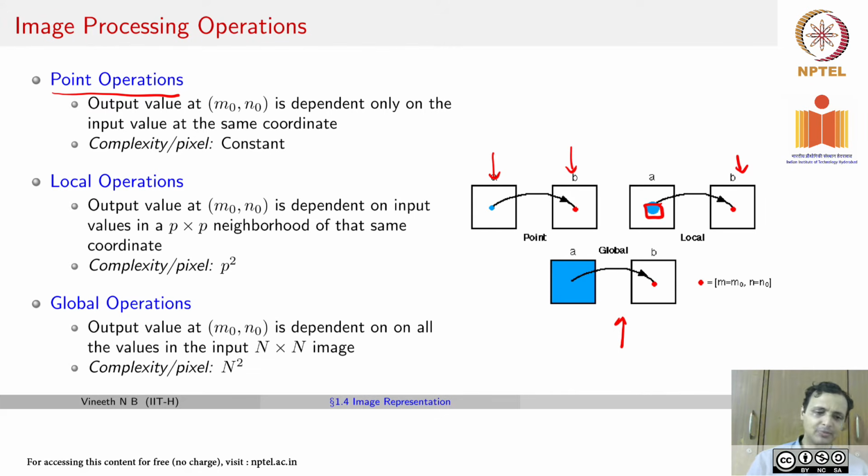In terms of complexity, for a point operation, the complexity per pixel would just be a constant. For a local operation, the complexity per pixel would be p square, assuming a p cross p neighborhood around the coordinate that you're considering for that operation. And in case of global operations, obviously the complexity per pixel will be n square, where the image is n cross n.